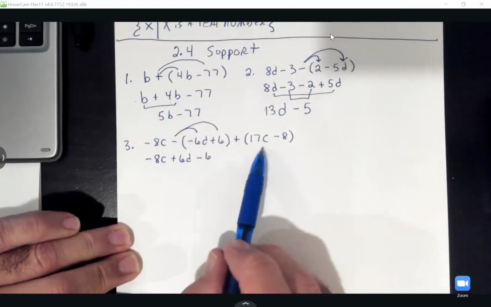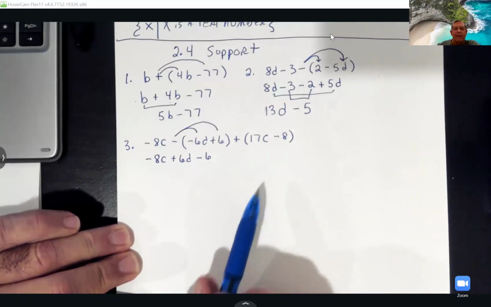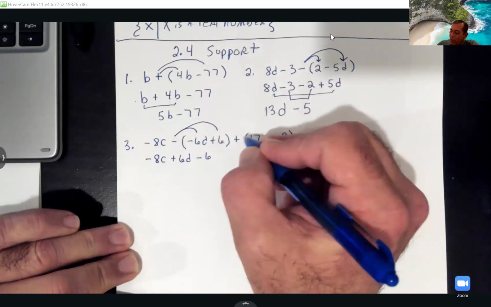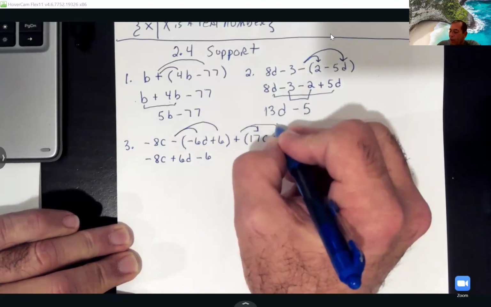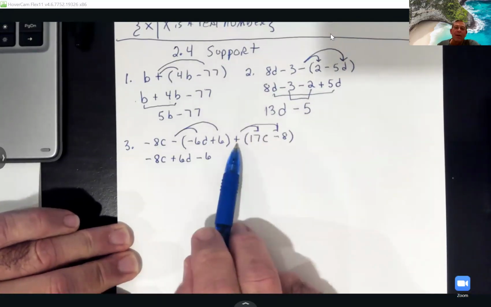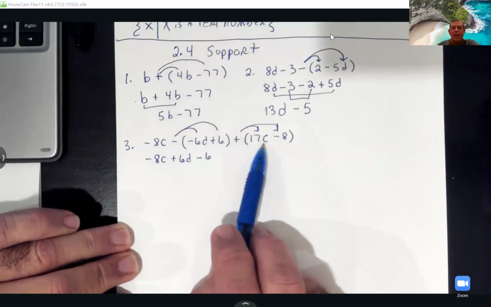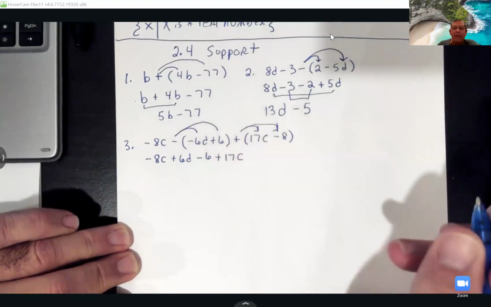All right, so now you got these ending parentheses. So there, we're going to distribute the plus, but it's only like a +1. And remember, 1 times anything is itself, right? So 1 times 17c will make that a positive 17c.